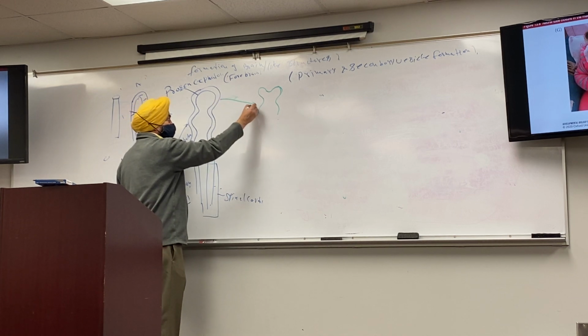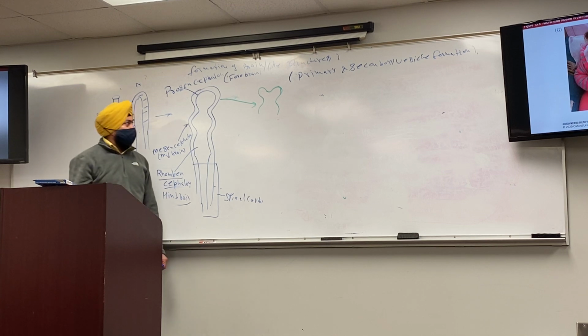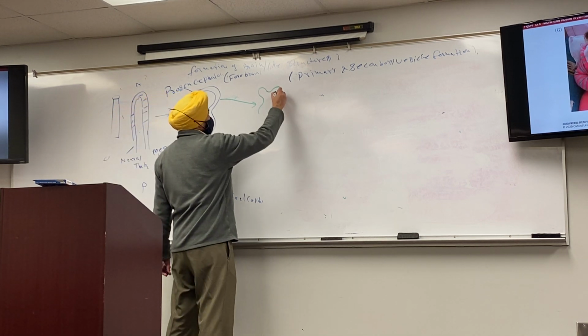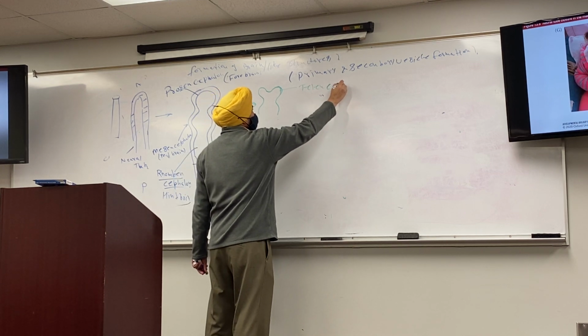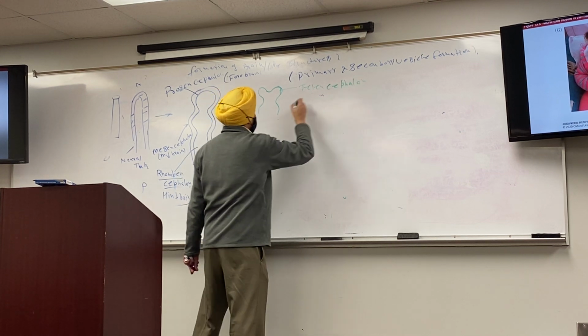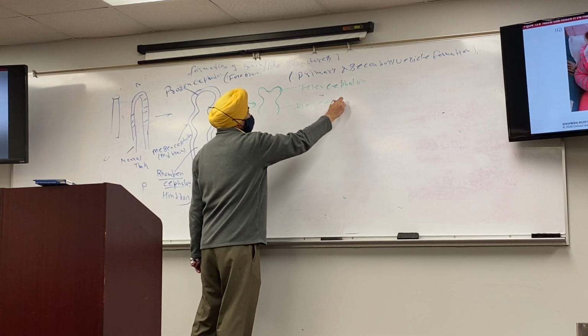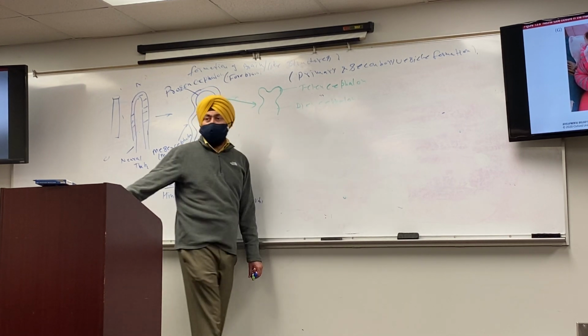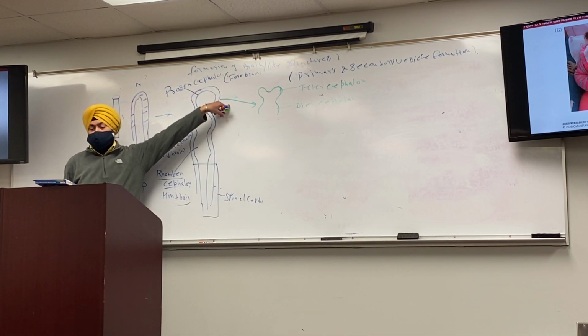So this is giving you these two structures. This structure is called telencephalon, and this is called diencephalon. Okay. So prosencephalon has given you telencephalon and diencephalon.